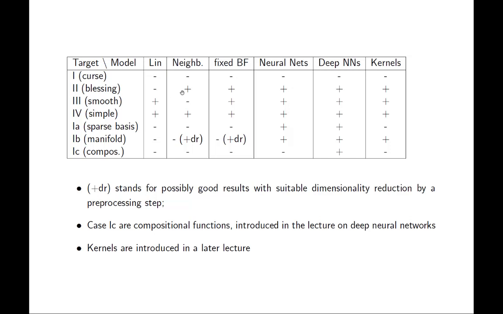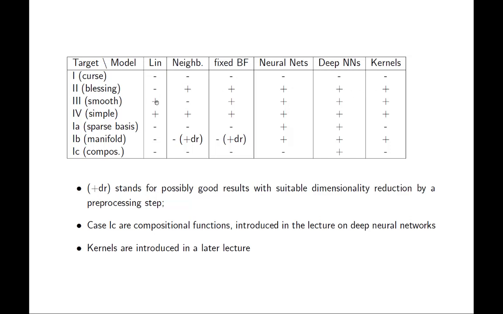Neighborhood solutions, also discussed in the KDD lecture, might perform quite well because the nearest neighbor might be quite meaningful. Systems of fixed basis functions might also perform very well. That's what we discussed in the last lectures. Neural networks typically perform well. Deep learning performs well, and kernel systems also perform well.